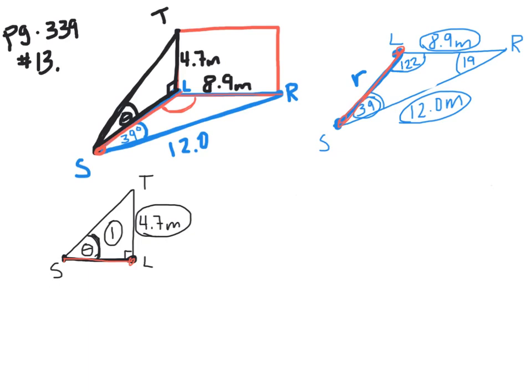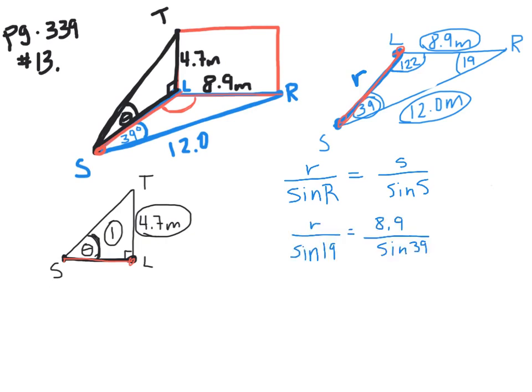I've erased all this stuff and I can rewrite this sine law as little r over sine of big R is equal to, let's say, little s over sine of big S. It doesn't matter which one you use. Now remember, this was a rounded answer. You shouldn't actually have rounded the 122 and all that, but I did just for the sake of showing you this a little quicker. Now, if I plug in the correct variables, notice I put the lowercase letters up top because I'm trying to figure out little r, so it's more appropriate this way.